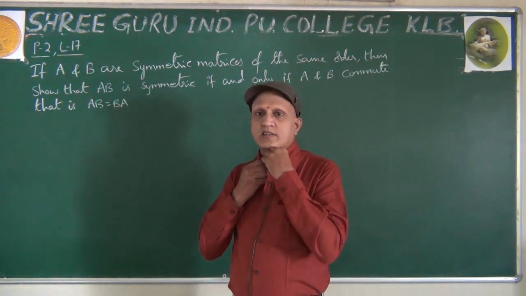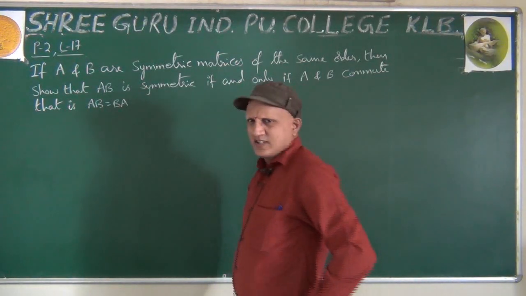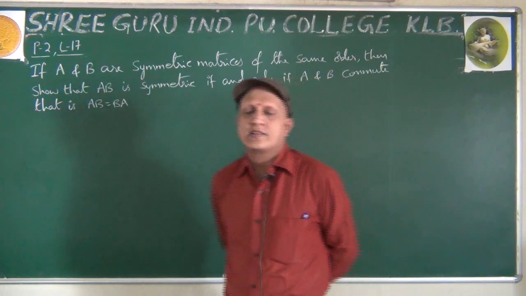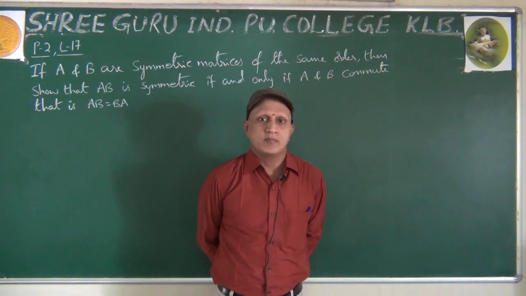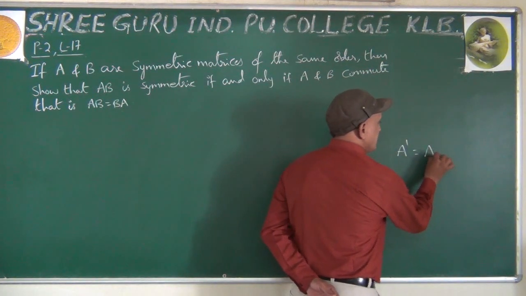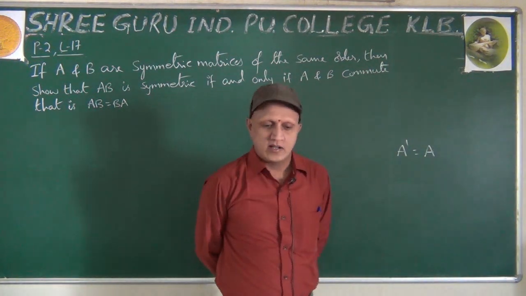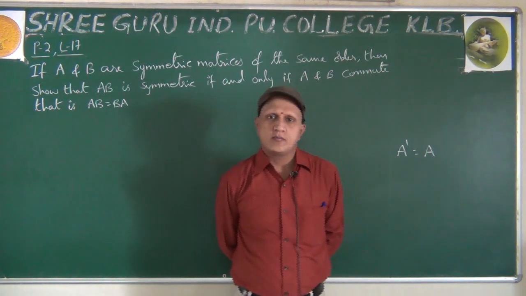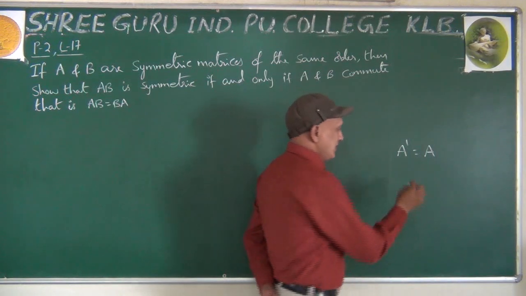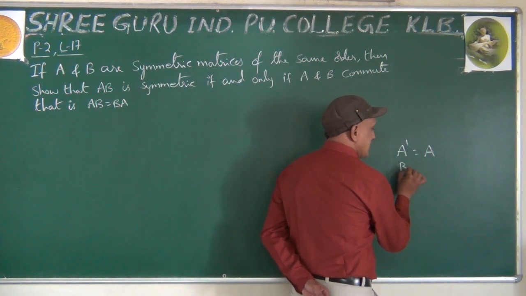So let us try to understand the question. Very simple question. If A and B are symmetric matrices, what does it mean? If A dash equal to A, then the matrix A is called a symmetric matrix. B also is a symmetric matrix. What does it mean?